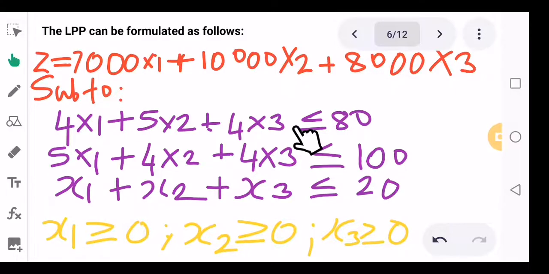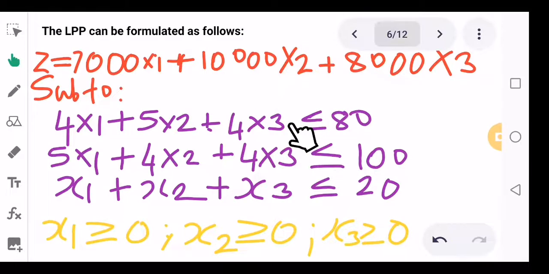That's why we'll be using slack variables to convert it into a linear equation. Linear equation means Z is equal to 7, wherein there is an equal to sign. So this thing is called a linear equation. Here this is not a linear equation because there is a less than or equal to sign. So this is an inequality.